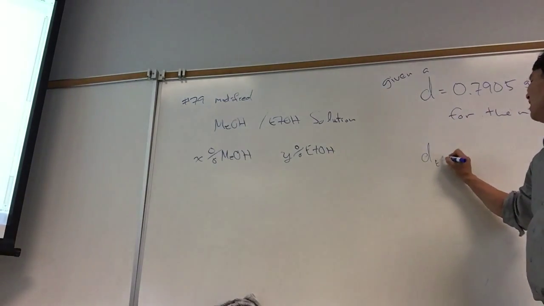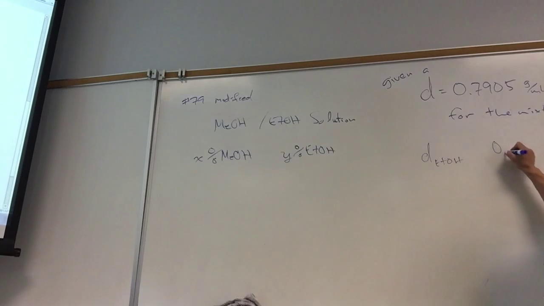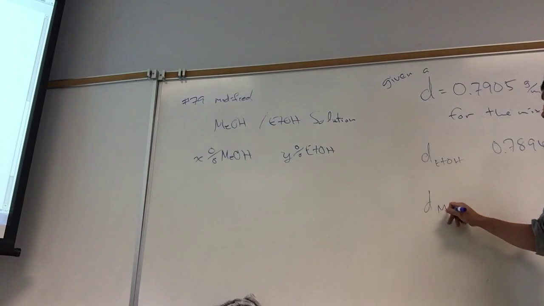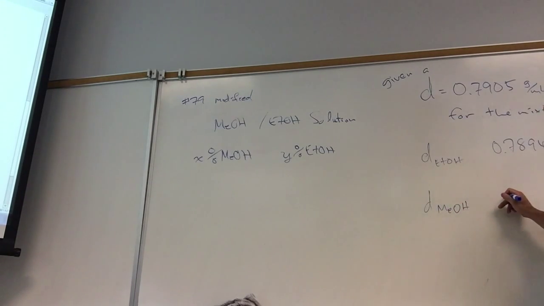The density of ethanol was 0.7894 grams per milliliter. The density of methanol is 0.7914 grams per milliliter.